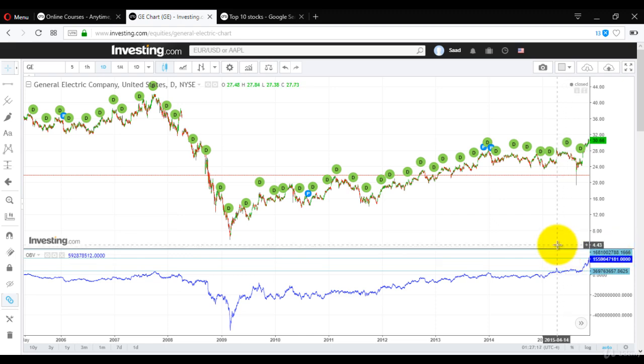So we knew that from 27 it will be making newer highs because it's crossing that major high of OBV. This is a high in 2007 and then we had the 2008 subprime mortgage crash. So we knew that this will make a huge bull run.